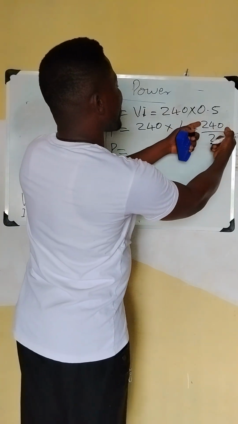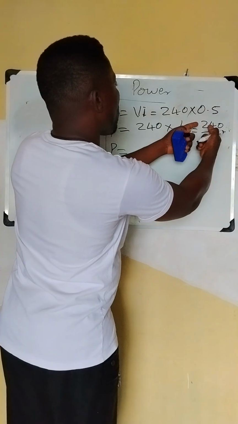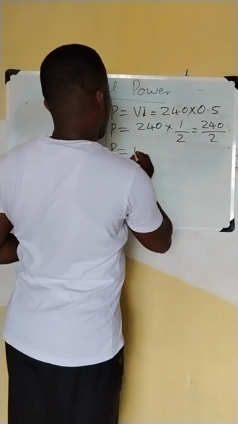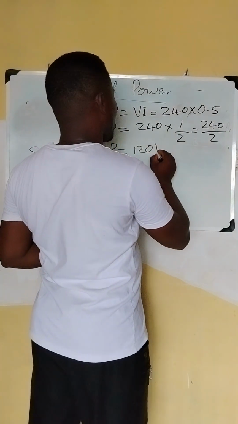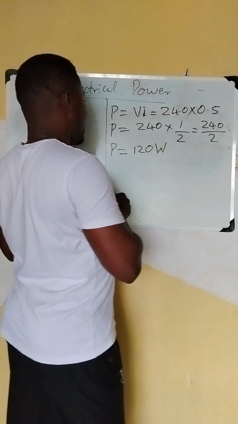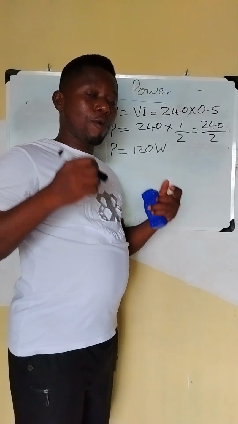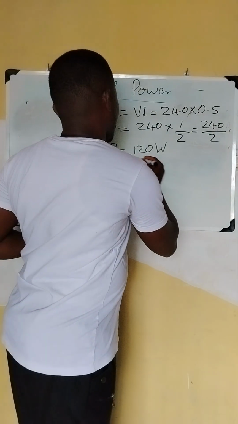When you divide 240 by 2, 2 into 2 is 1, 2 into 4 is 2, so you have 120. The unit of power is the watt. So here is 120 watts. That means the power of the bulb is 120 watts. All right.